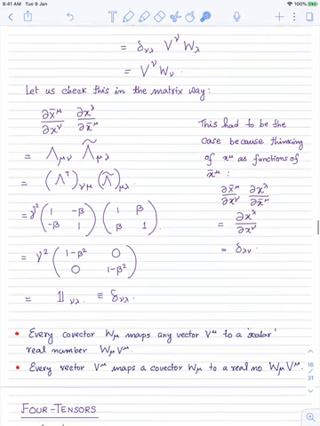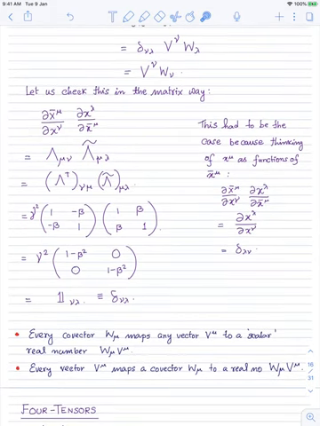So we can look at this object, and therefore we can say that every W, which is a covector, takes a vector and maps it to a scalar real number. Because given a W and given any other vector, you can multiply and sum over the indices to get a number, which is the scalar number.